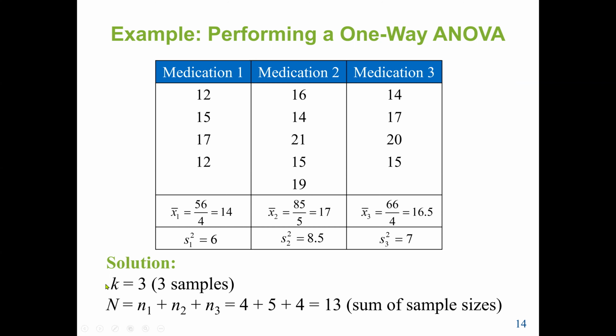Remember, these are the 2 key values that we are going to use to find the degrees of freedom. K represents how many samples we have. Uppercase N represents the total sample size for all 3 samples. The sample size for the first sample is 4, second is 5, third is 4. So adding all 3 values, we get 13.